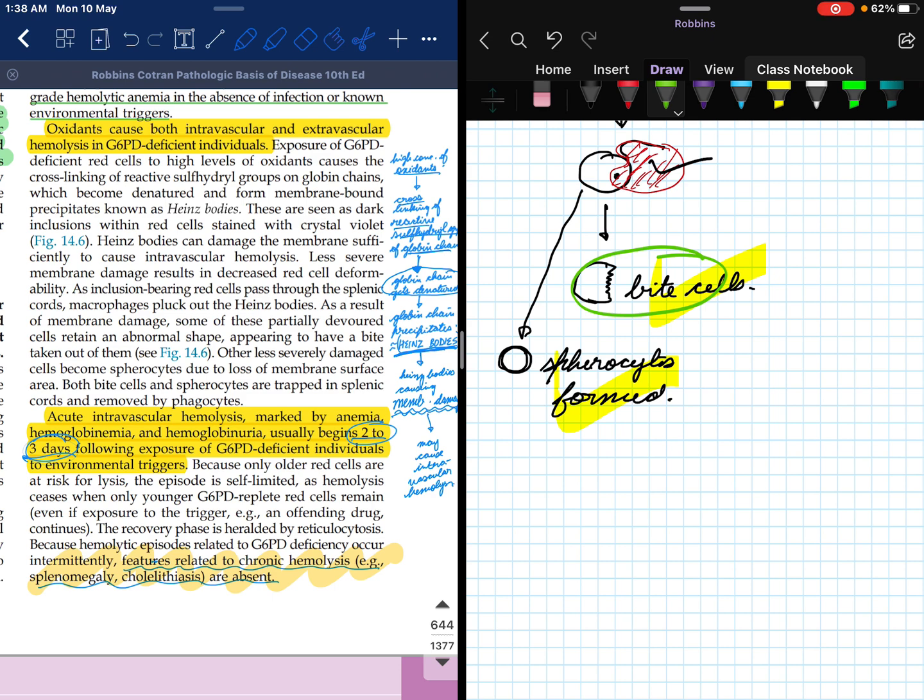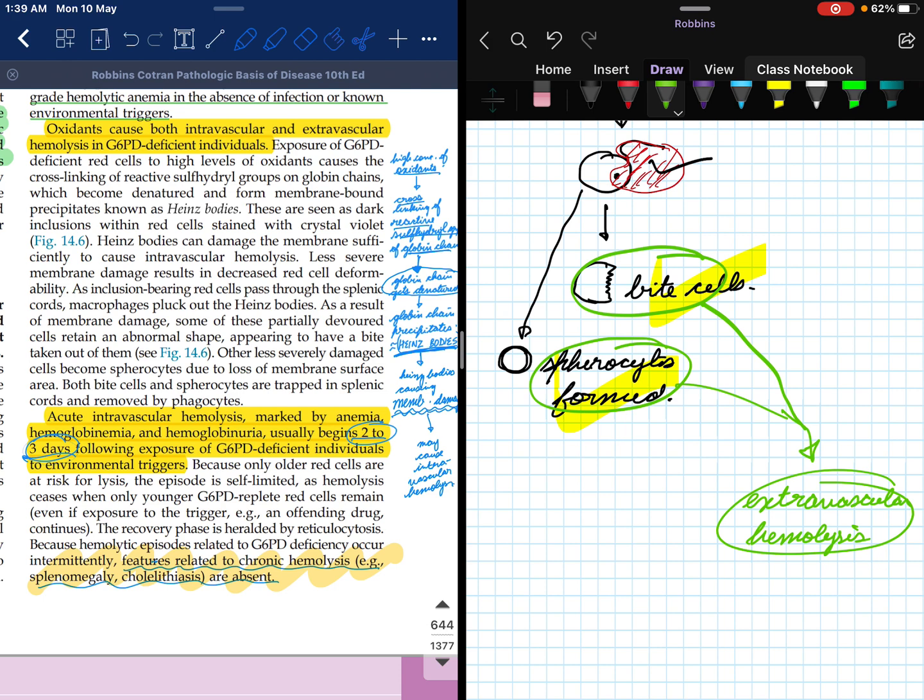They cannot pass through the small capillaries of the spleen, so a kind of stasis of these RBC would be there in the capillary bed of the spleen, and when the macrophages detect them, they eat them. So finally they also undergo extravascular hemolysis, because their presence is abnormal. This is how it works.